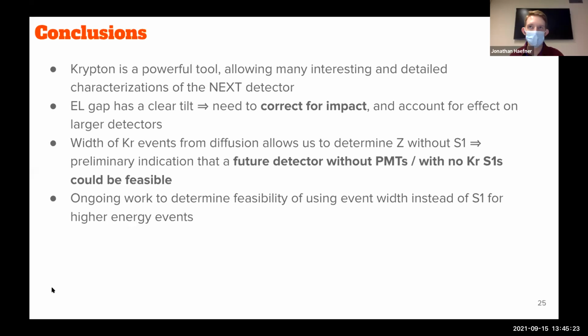There's some additional characterizations we've done showing that the quality of that relationship gets basically linearly fuzzier, gets worse, as you go deeper into the detector. The uncertainty gets larger, but in general, we've found that that diffusion model works very well. I can't really comment on how well that compares to the situation in liquid.